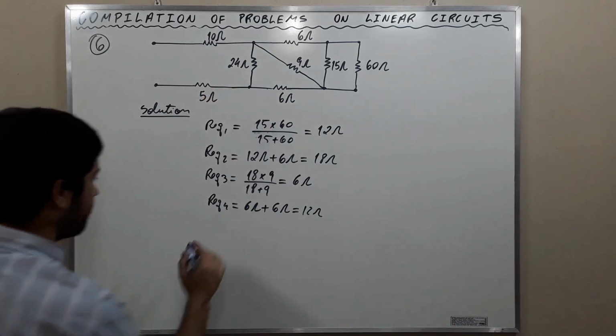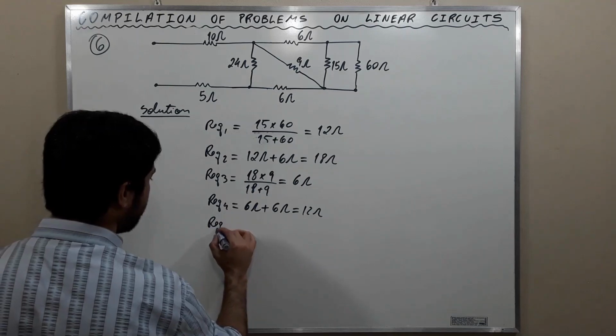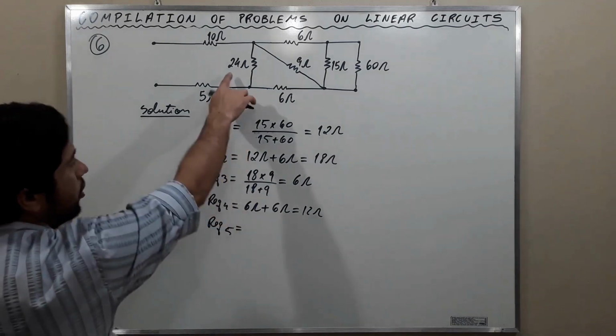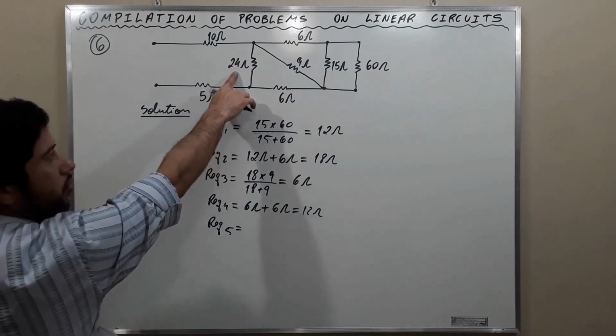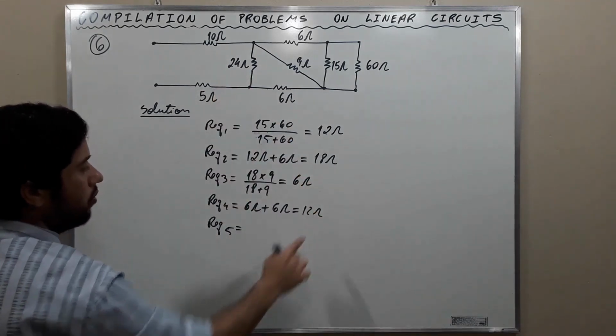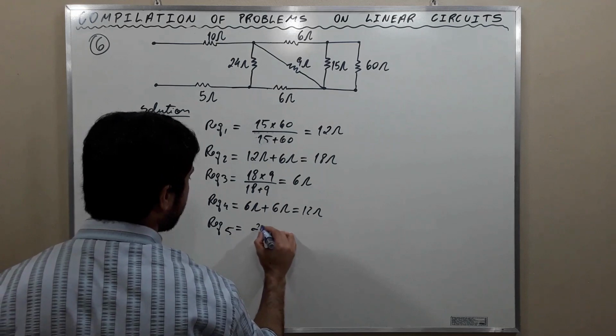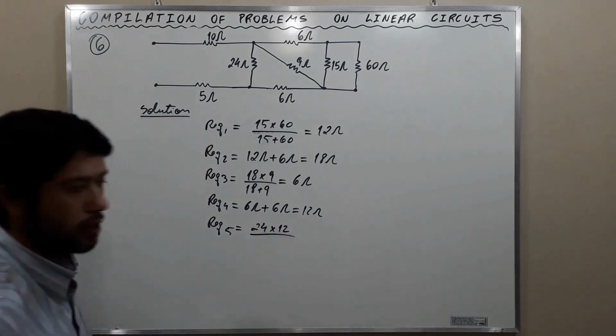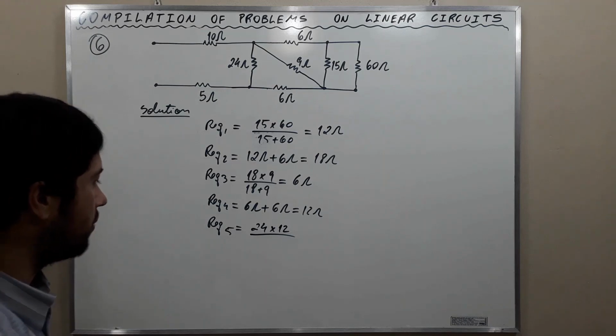Then equivalent resistance number 5 is the parallel connection between 24 ohms and 12 ohms. The product over the sum.